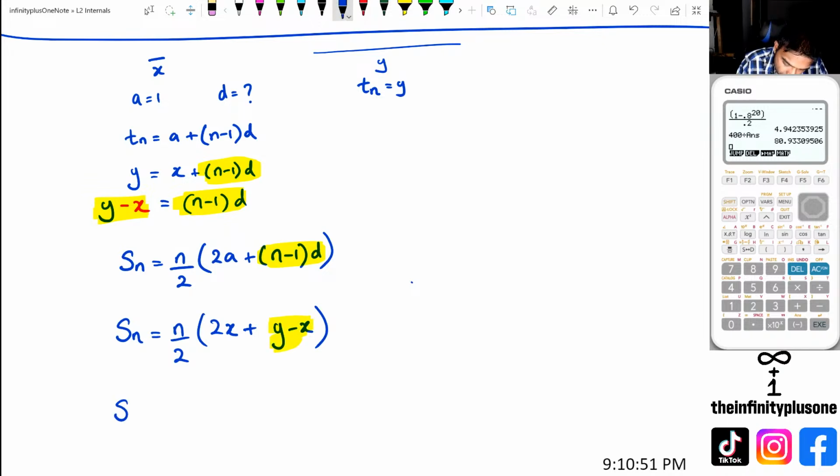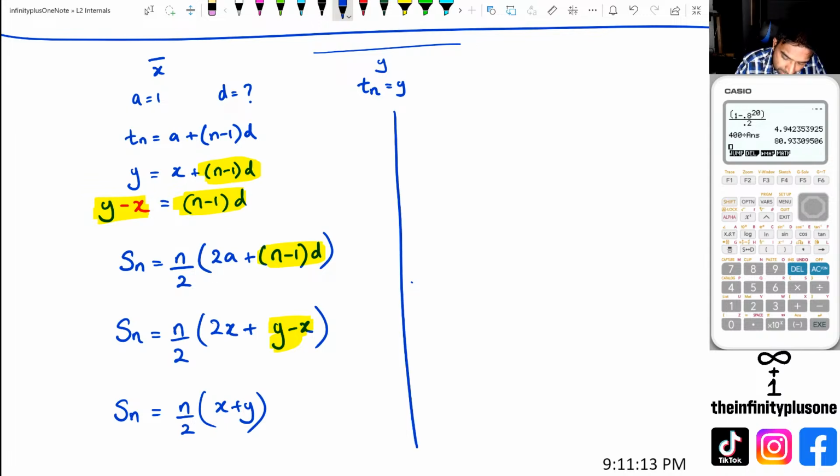So now Sn is going to be n over 2 times (2x minus x), which is just x, so that's x plus y. So this happens if this is in an arithmetic progression. Now what about a geometric one?